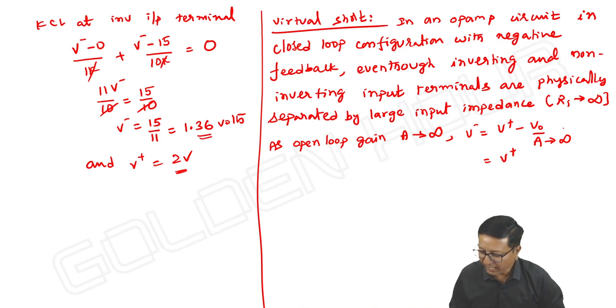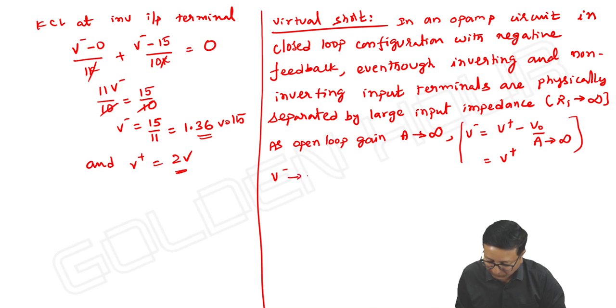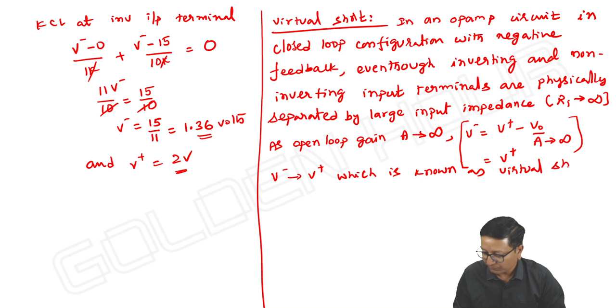As A is approaching infinity, V minus approaches V plus, and that is known as virtual short. Physically no connection, but V minus is equal to V plus, which is known as virtual short.